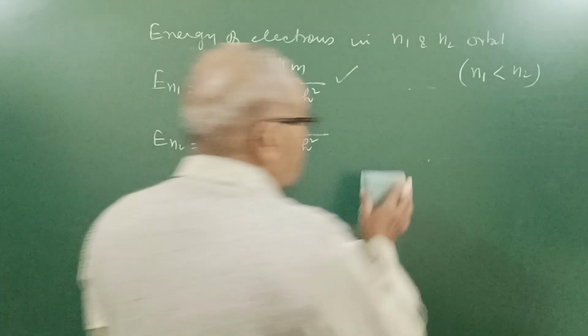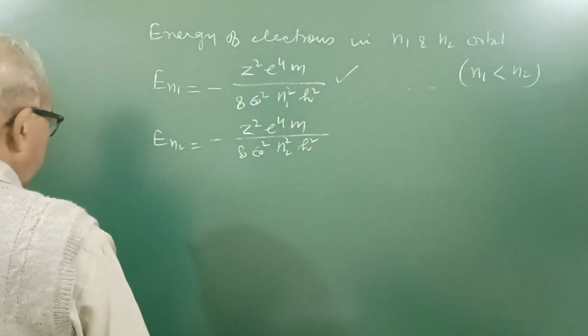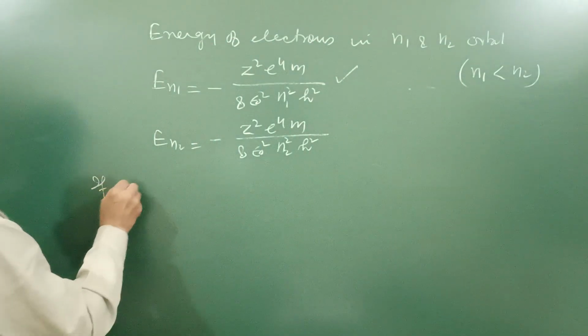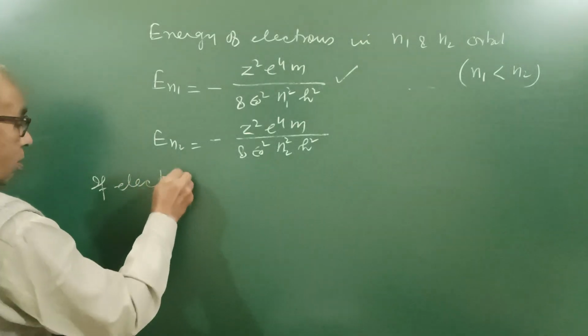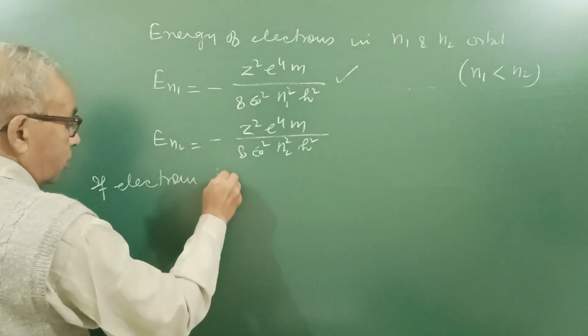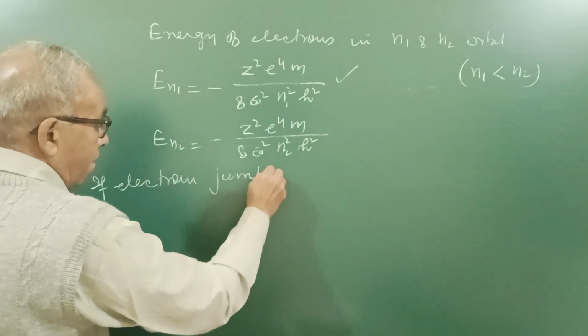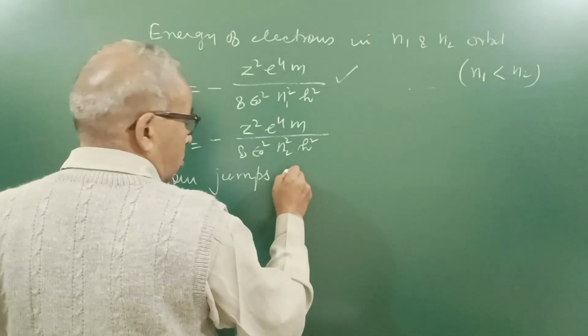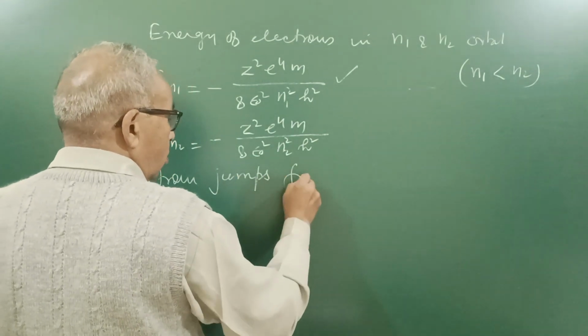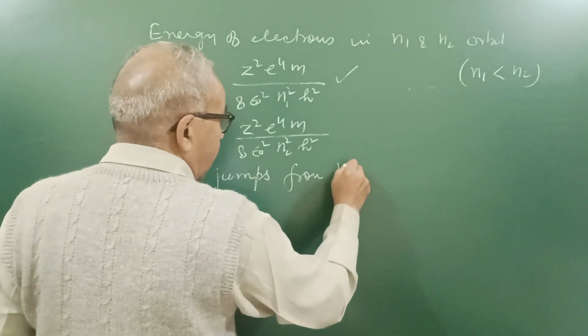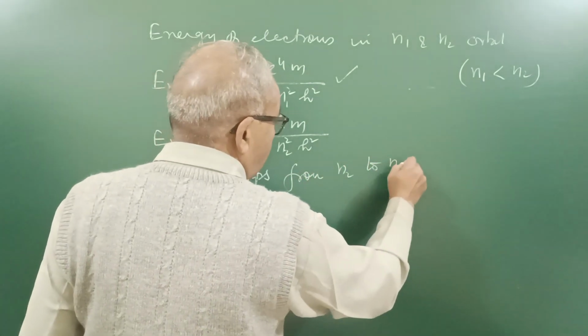Now, according to the third postulate, if the electron jumps from n2 to n1 orbit.